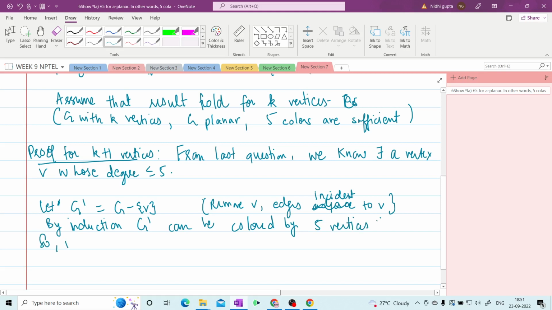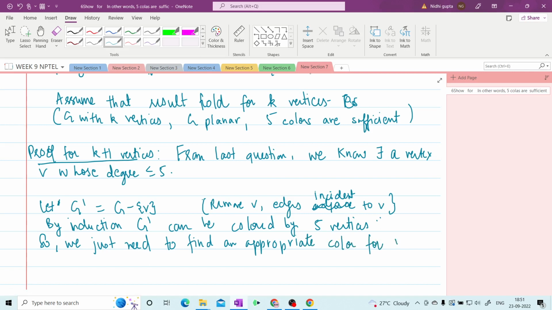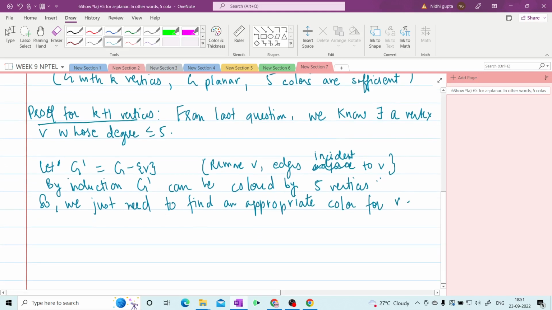So we just need to find an appropriate color for V, the vertex that we had removed, in G. Let's first get rid of some obvious cases.